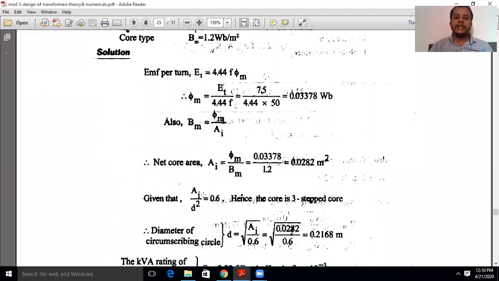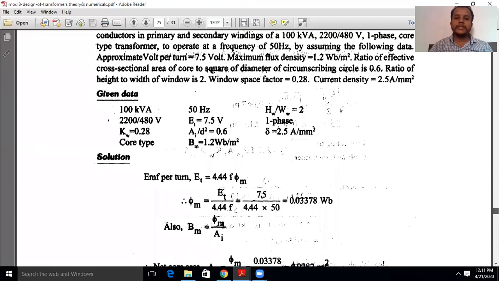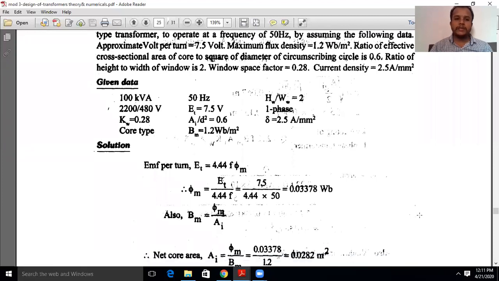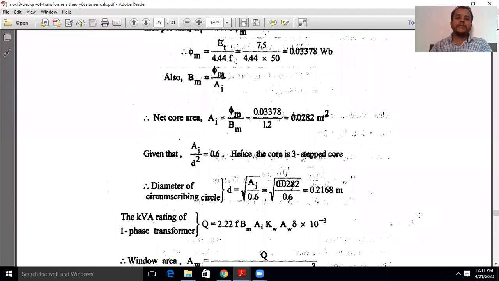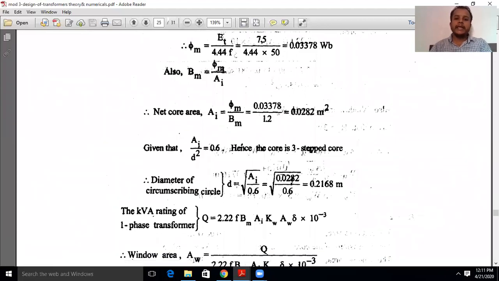Now, given that Ai divided by d square, the ratio of this core area to the square of the circumscribing circle, is 0.6 for the three-stepped core. Now the diameter of the circumscribing circle D will be calculated as the square root of Ai divided by 0.6, and it is 0.2168 meter.